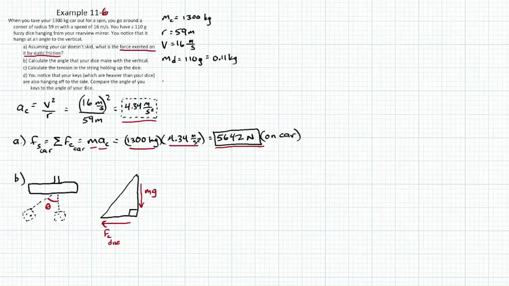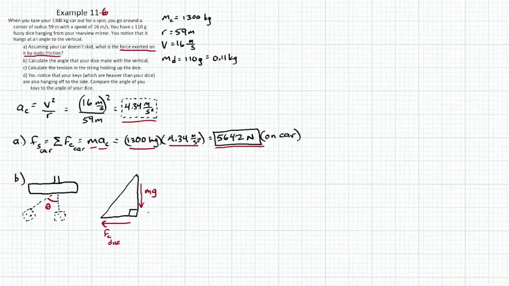Well, remember that centripetal acceleration, or any acceleration, applies itself to all things equally. Like, for example, it doesn't matter how massive you are, the acceleration of gravity is 9.81 meters per second squared for you or for anybody else. Okay, so we calculated the force on the car by taking the centripetal acceleration times the car's mass to get the force on the car.